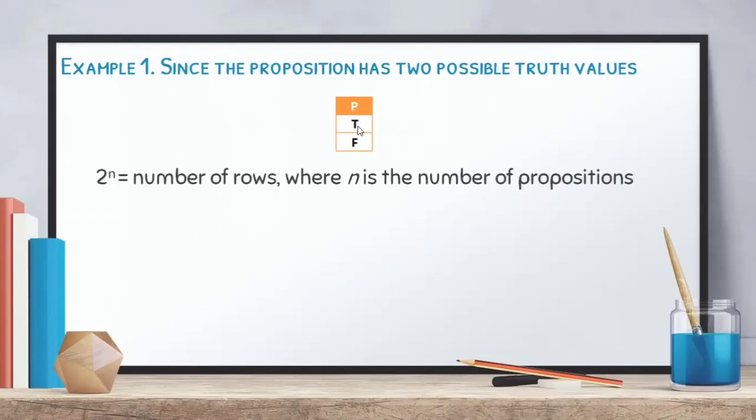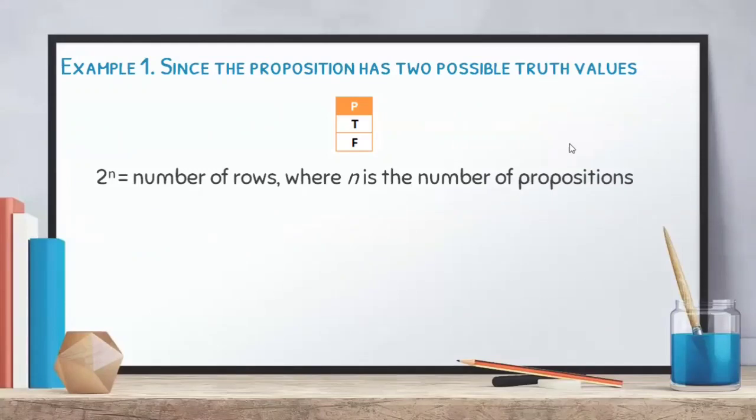So we have here two possible truth values for one proposition, because if we substitute the value of 1 in our formula, that would be 2 raised to n, and our n is equal to 1, and that would be equal to 2 raised to 1. And 2 raised to 1 is equal to 2, right? So that's why we have only your true and false truth values.